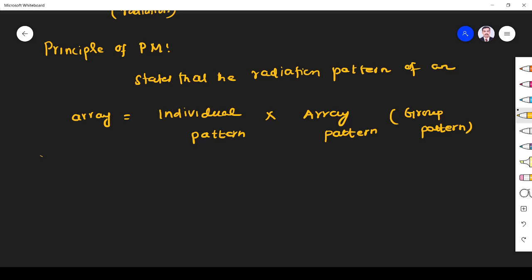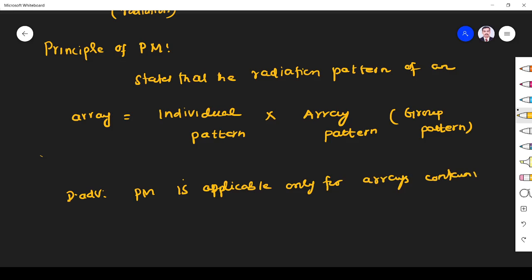The problem with pattern multiplication is that it is applicable only for arrays containing identical elements.